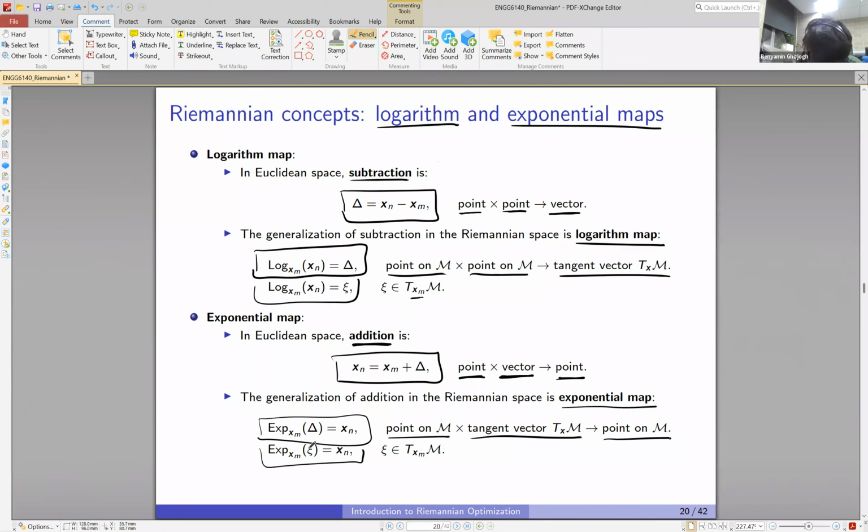Or the exponential map of zeta at point xm gives us xn, where zeta belongs to the tangent space of xm. Okay. So in simple words, logarithm map is the generalization of subtraction. Exponential map is the generalization of addition for the Riemannian geometry.